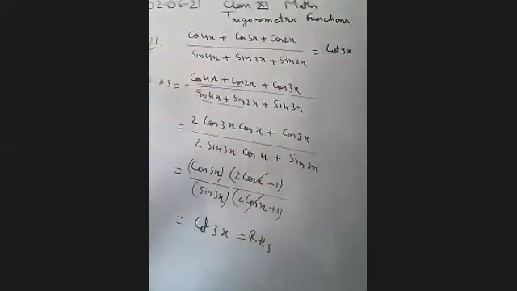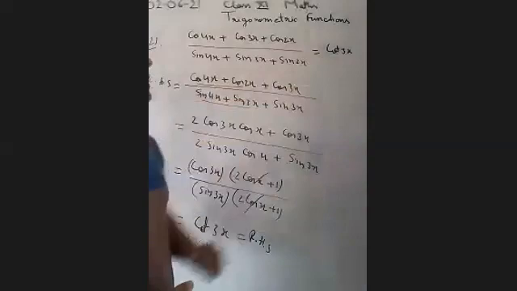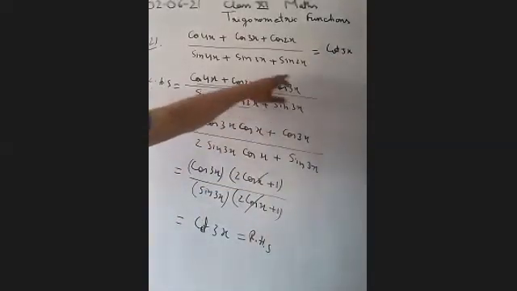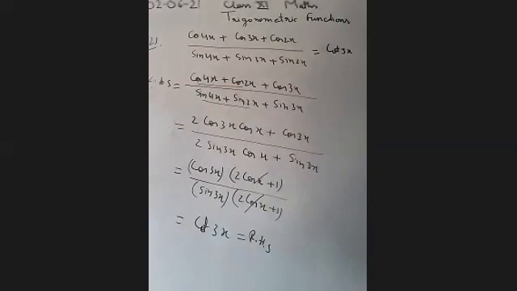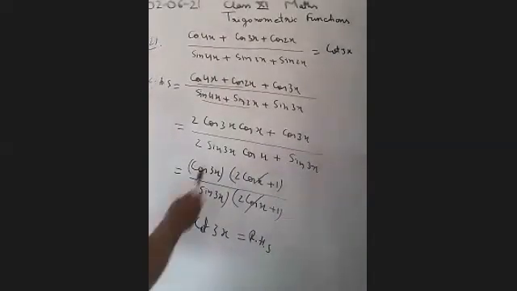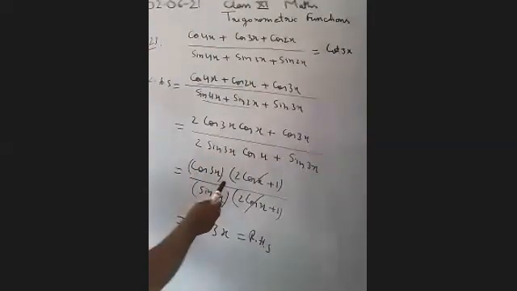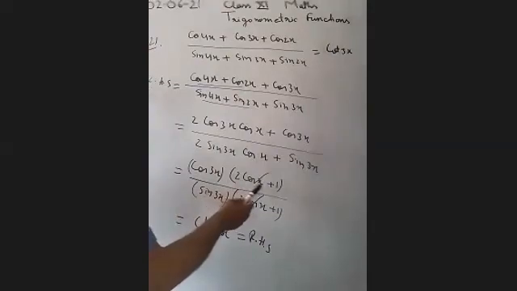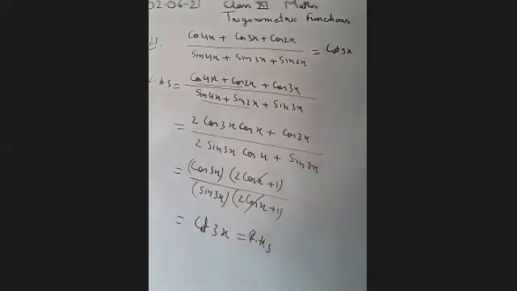It was not looking like that at first, but we had to prove cot 3x, the division of cos 3x by sin 3x, with 2 cos x plus 1 in the numerator and denominator cancelled.